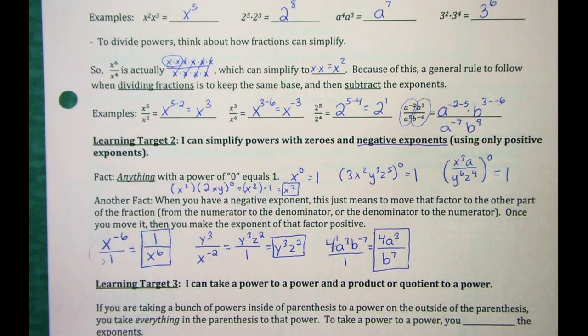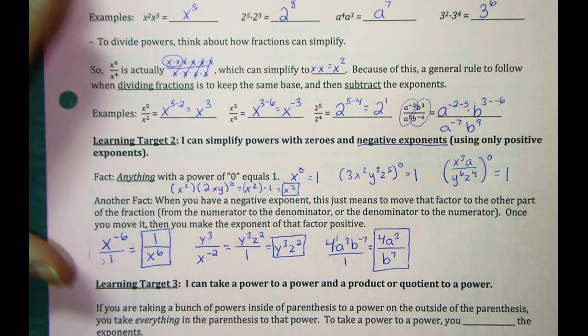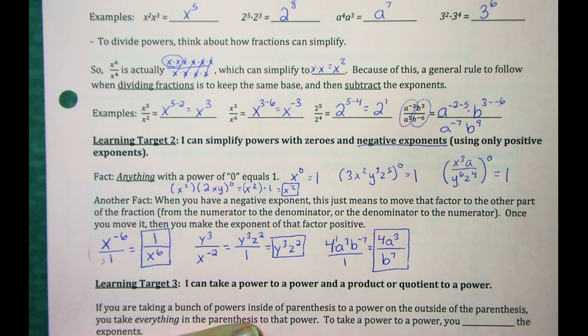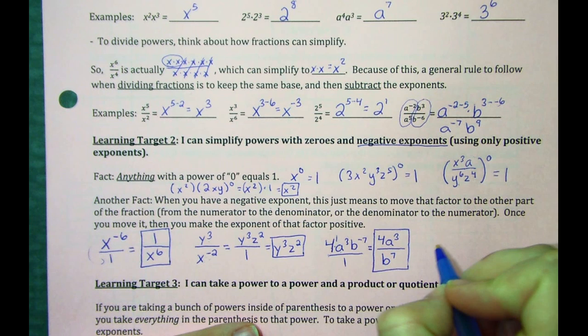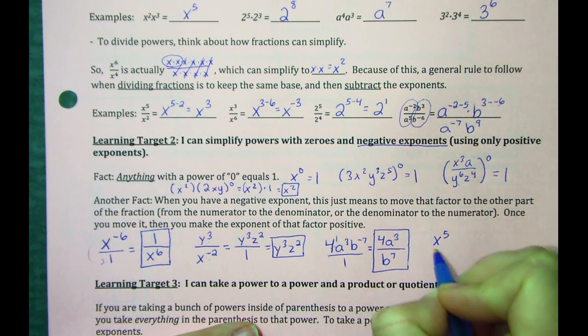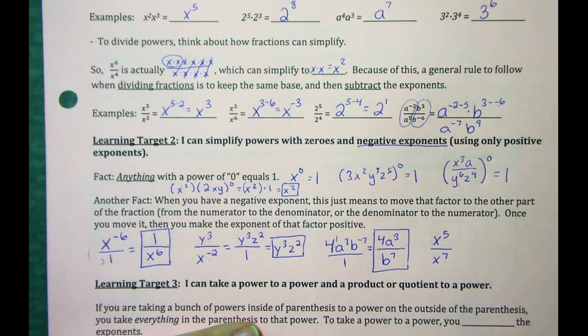Now sometimes, after simplifying, you are going to end up getting a negative exponent for an answer. For example, let's look at x to the 5th over x to the 7th.